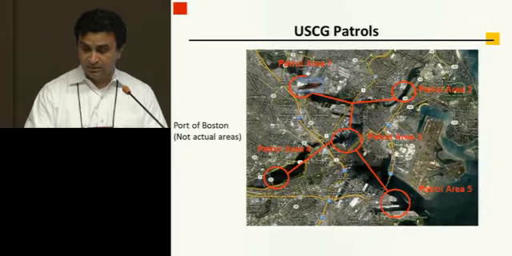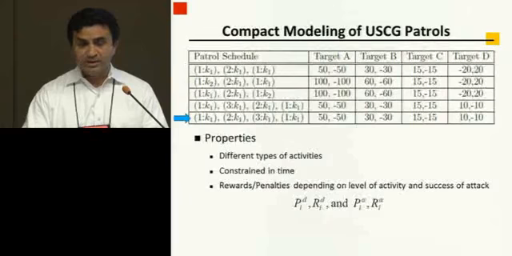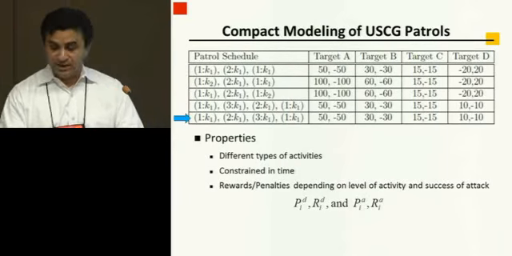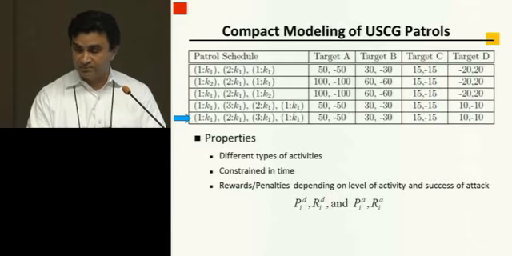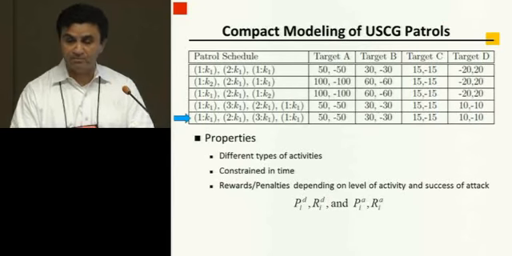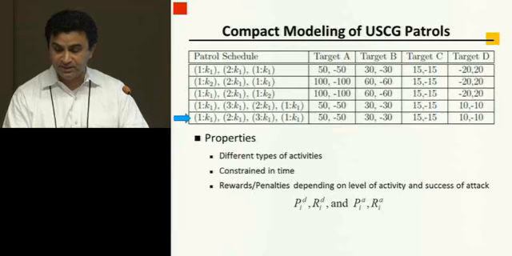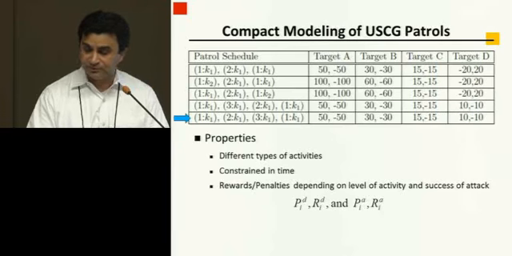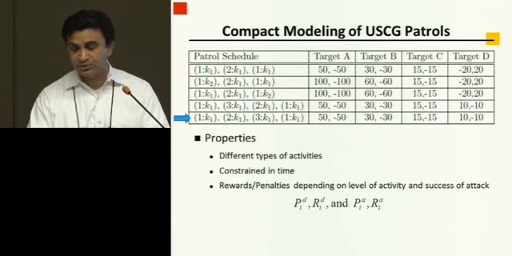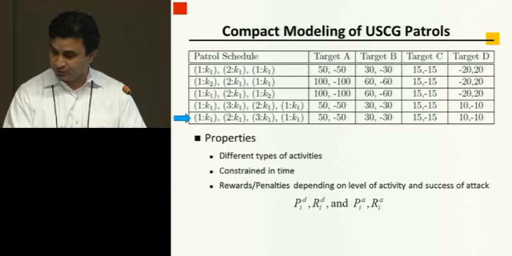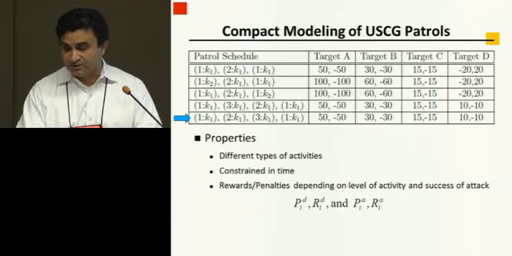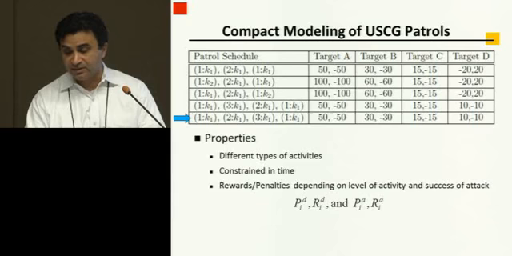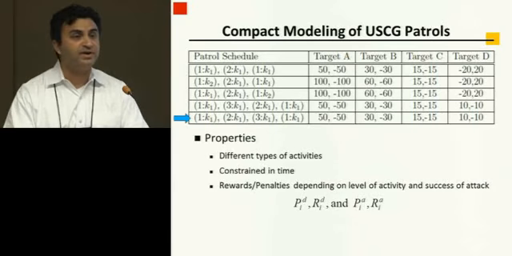So we can list in a game all of the different possible patrols that the Coast Guard could conduct. I'm showing you here a very simplified game again with 4 targets, A, B, C, D, and 5 different patrol patterns. The first one here says we visit patrol area 1, 2, and come back to 1 and conduct these activities K1. But in other areas, we may do K2. So these are different activities that may be conducted.